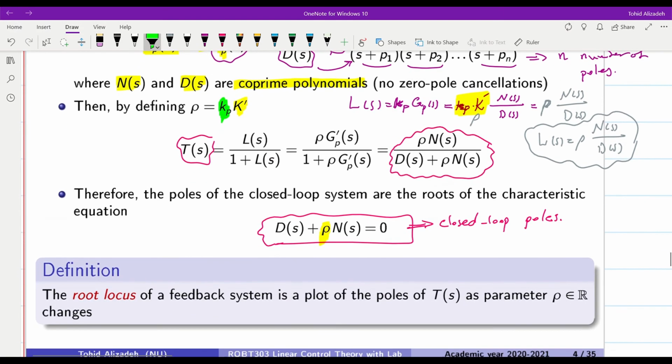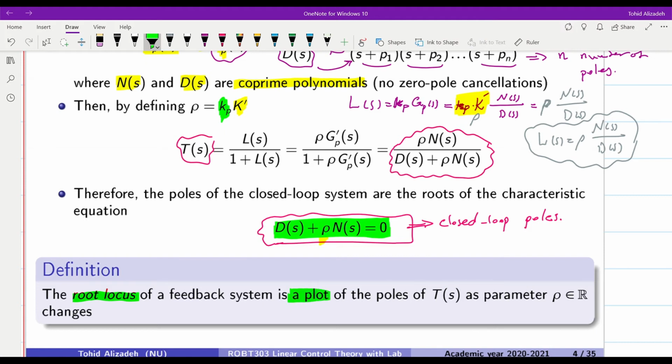So this is quite important to remember. D plus rho times n equal to 0 determines the location of the closed loop poles of the system. Then the root locus of a feedback system will be a plot of the poles of the closed loop system as a parameter, which is rho in this case, in R changes.